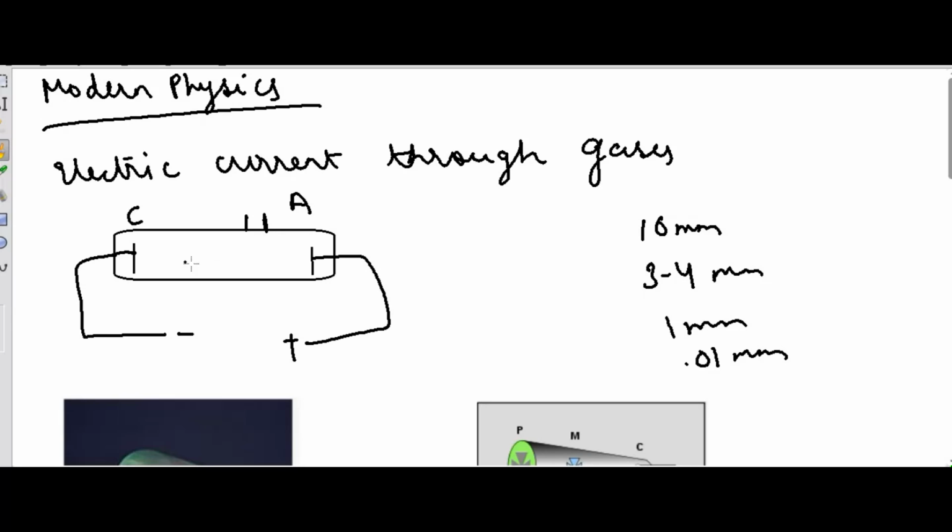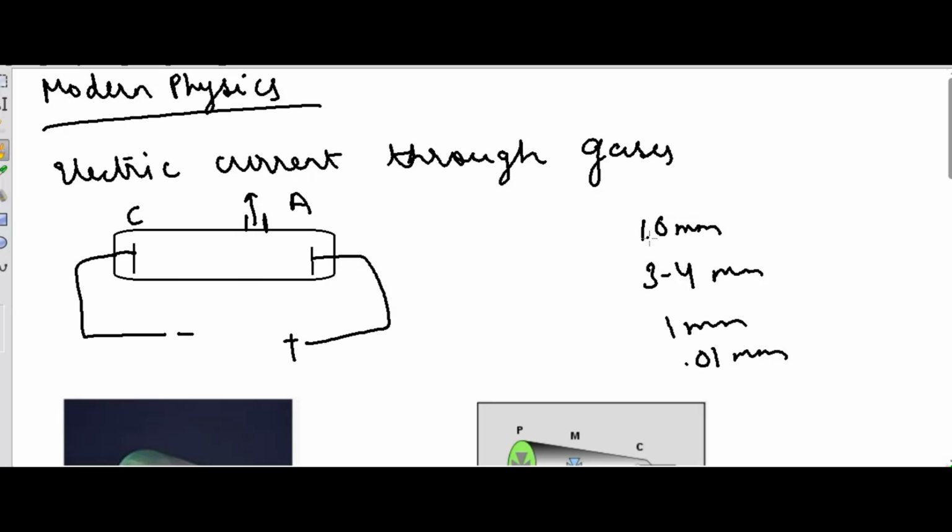Let us assume for now it is air, or say neon, which produces similar characteristics of color, which we'll discuss now. I start gradually sucking out the air, and I apply a very large potential difference across these electrodes.